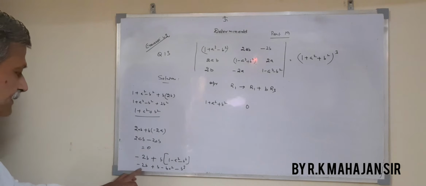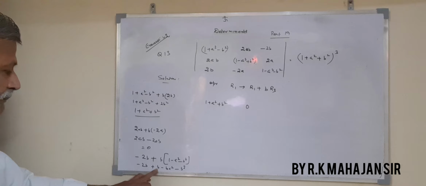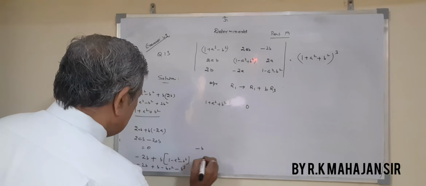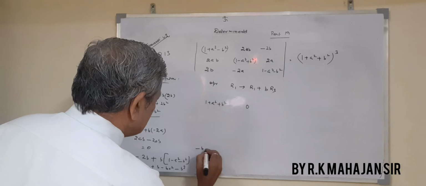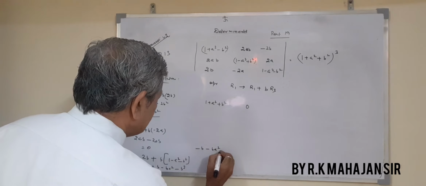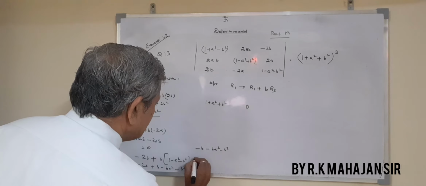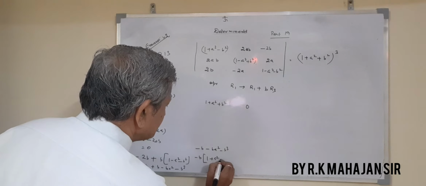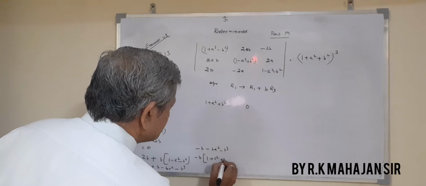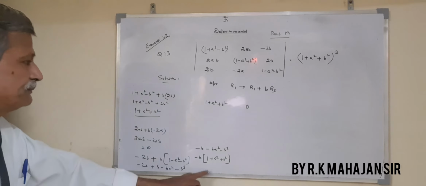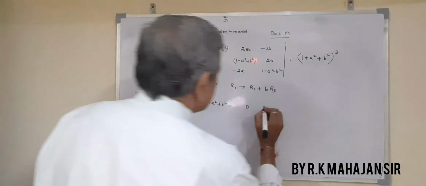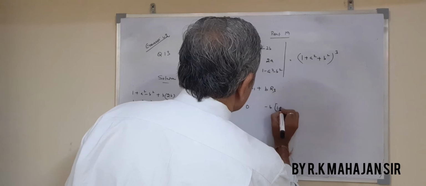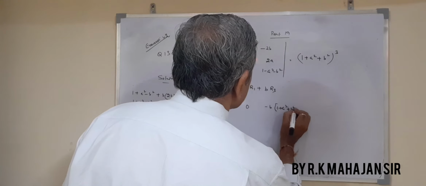Now in this case minus 2b and plus b gives you again minus b, and this gives you minus b a square minus b cube. Now taking minus b common, 1 plus a square plus b square. So this is left with part of here. So you can write down here minus b, and here is 1 plus a square plus b square.